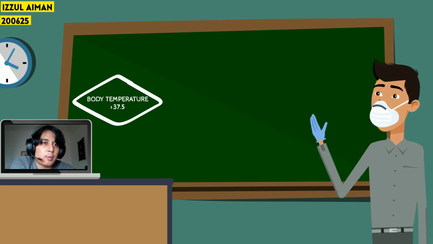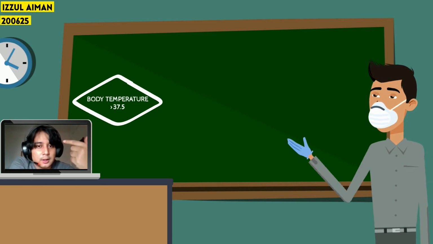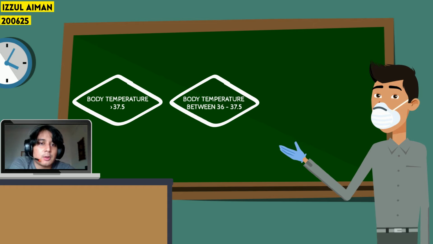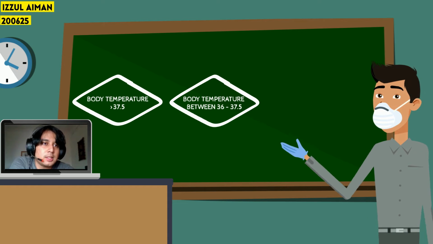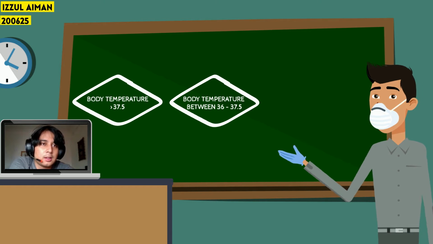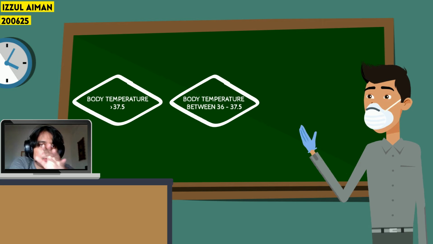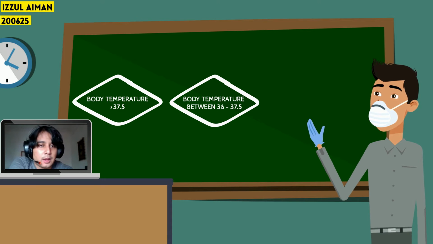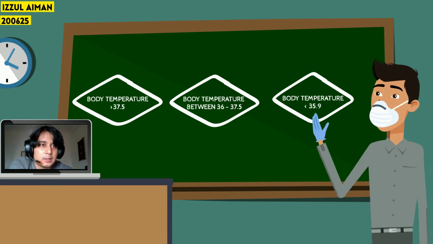above 37.5. The second one is the body temperature is between 36 and 37.5 or below, and the third is body temperature below 35.9.